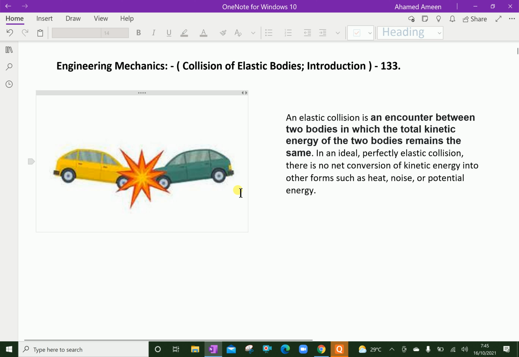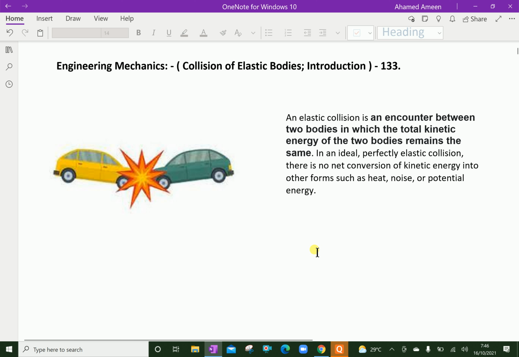If the same ball is allowed to fall on a wooden floor, then it will rebound to a lesser height than from the marble floor. We will also see that if balls of different materials are allowed to fall on a marble floor, they will rebound to different heights. From this phenomenon, we can understand that the property of a body by virtue of which it rebounds after impact is called elasticity of that body.